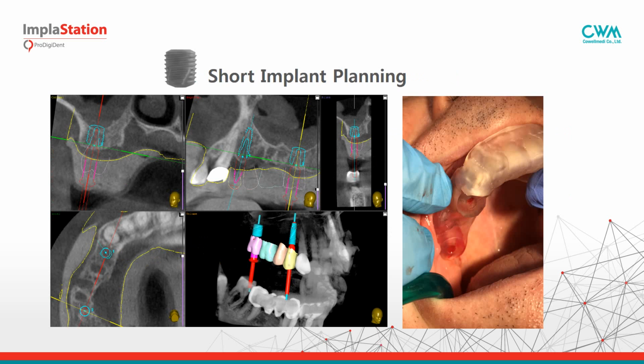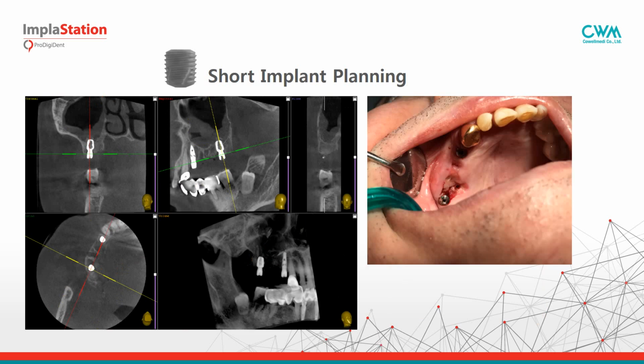And this is a classic situation at the maxilla, in the sinus area, where short implants are quite convenient to use. This case was done transgingivally, less traumatic, and as you see, quite accurate.